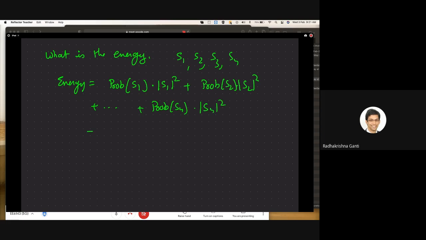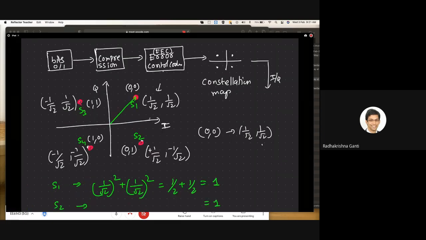So if you assume that the bits that come out of your FEC are equally likely, bit 0 occurs with probability half, 1 occurs with probability half. What is the probability that you get the point S1? Can anyone tell me? 25%, 1/4.